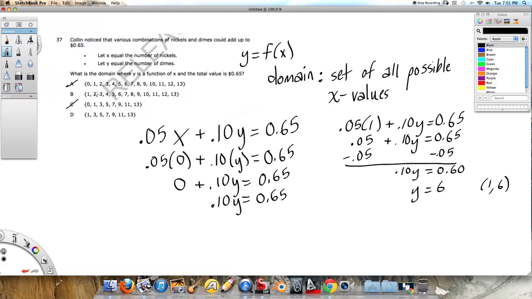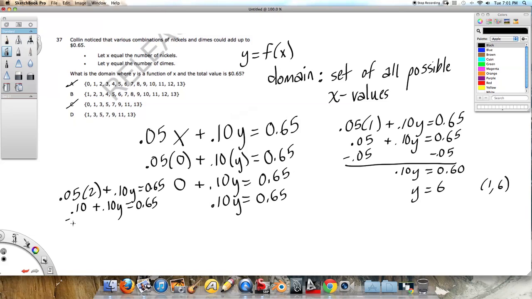So we try, if you notice, B then goes to 2, whereas D skips to 3. So let's try 2, and if it works, then that means B is correct. If it doesn't, that means D has to be correct. So let's try this out. Let's imagine we have 2 nickels plus some number of dimes, and that has to be 65 cents. Now you may already be able to see this right away, but if you don't, I would just work this out. 2 nickels would be 10 cents, plus some number of dimes, and that gives me 65 cents.